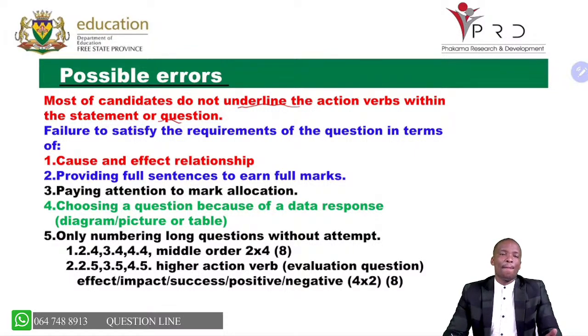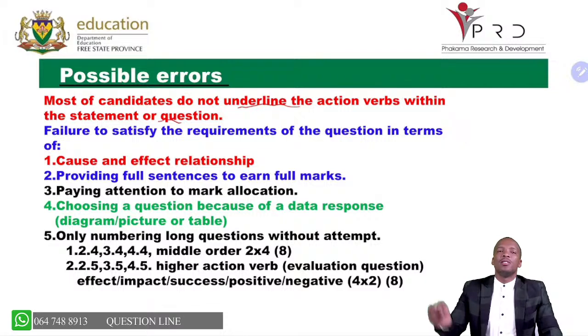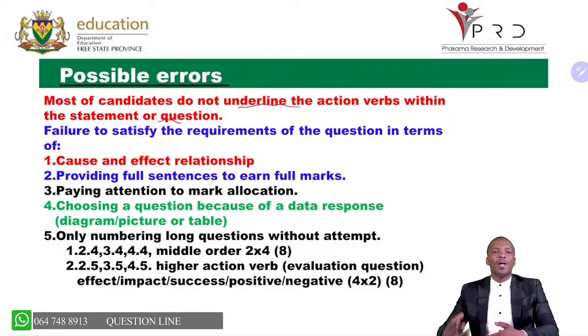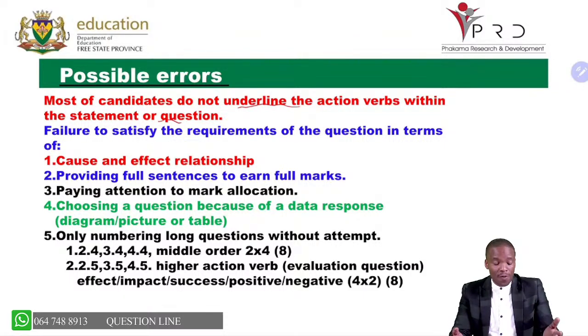Listing here, where we say, what is the purpose of EPWP? Employment, job creation, assist the poor. That is listing. In that way, you're not going to get the full marks here. So we ask that you write in sentences, you explain and you paint a picture of the subject, which is economics, to everyone else.